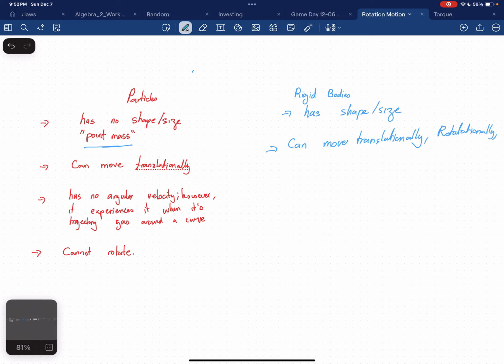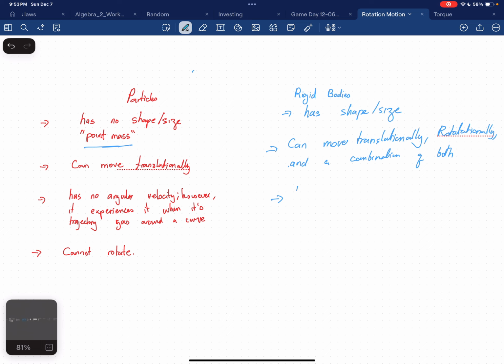And a combination of both. Do you remember the wheel? I was able to rotate the wheel and move it in the linear direction. That's what makes rigid bodies so great.